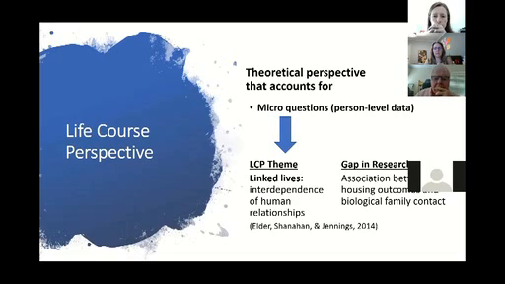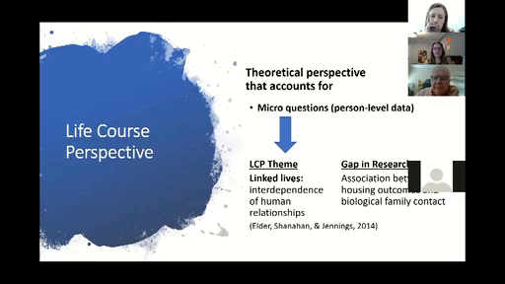I did a study a couple years ago using focus groups with young people who exit care, and a subset of them described going back to a biological family member, a parent or a sibling, and sharing housing with them. And so I wanted to look at that with this longitudinal data.